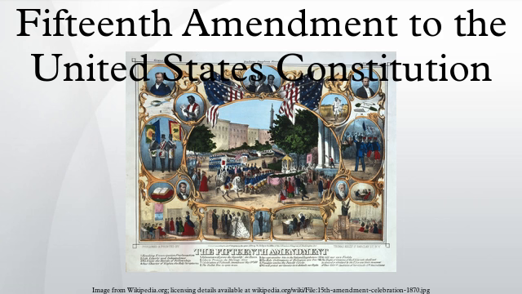Citations. Bibliography. Foner, Eric. Reconstruction, America's Unfinished Revolution, 1863–1877. HarperCollins. Gillette, William. The Right to Vote, Politics and the Passage of the 15th Amendment. Johns Hopkins Press. Goldman, Robert Michael.